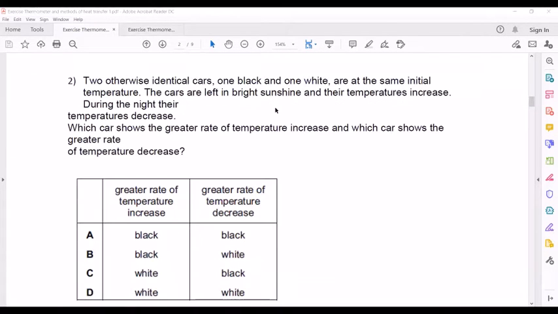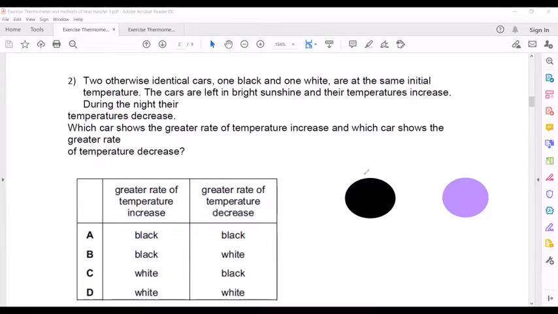Dull and dark surfaces are good absorber and good emitter. So example, if you have two surfaces, one is dark, another one is light.